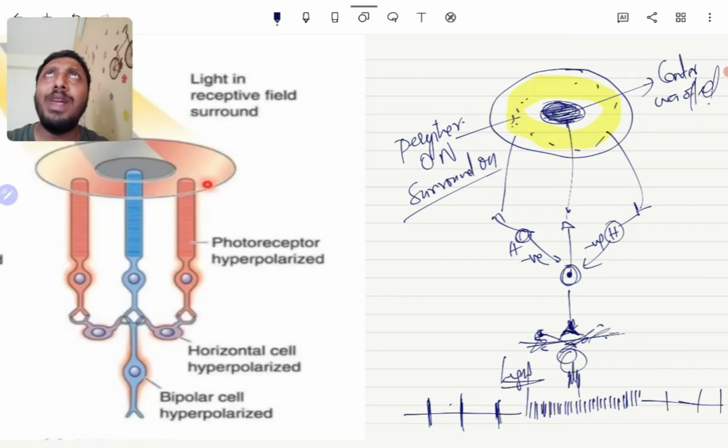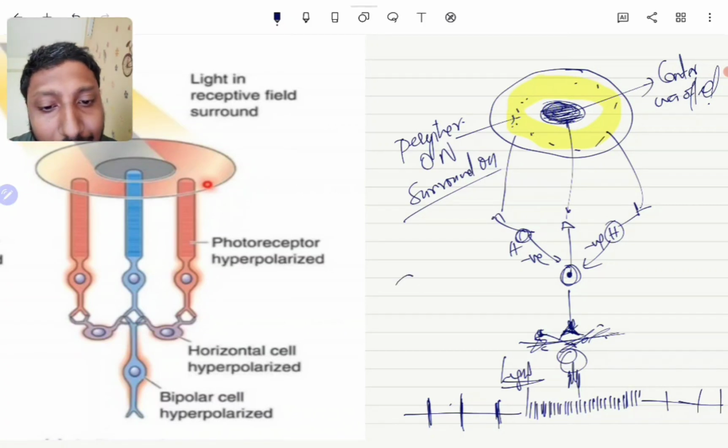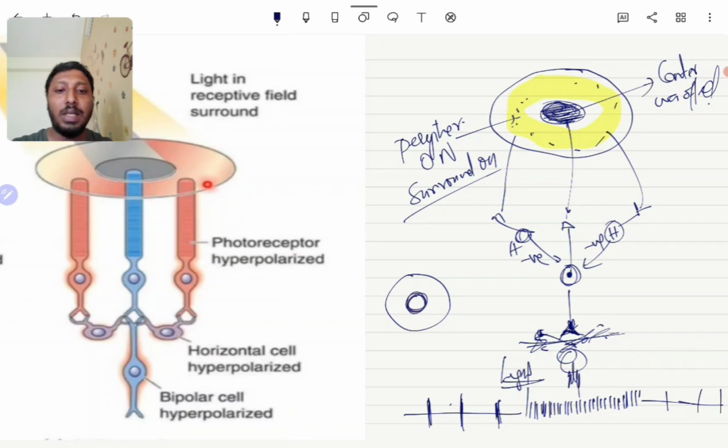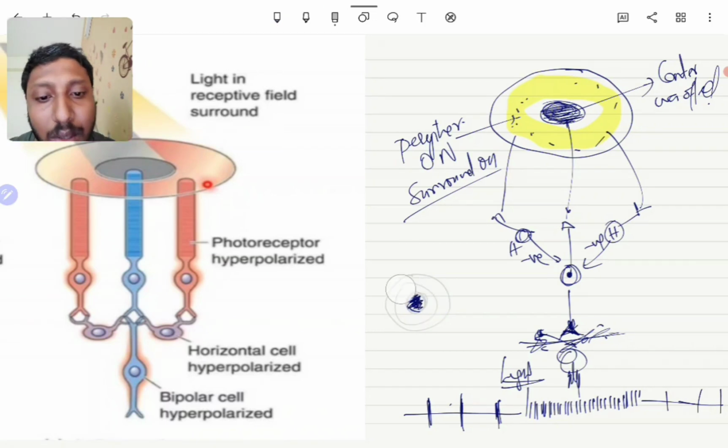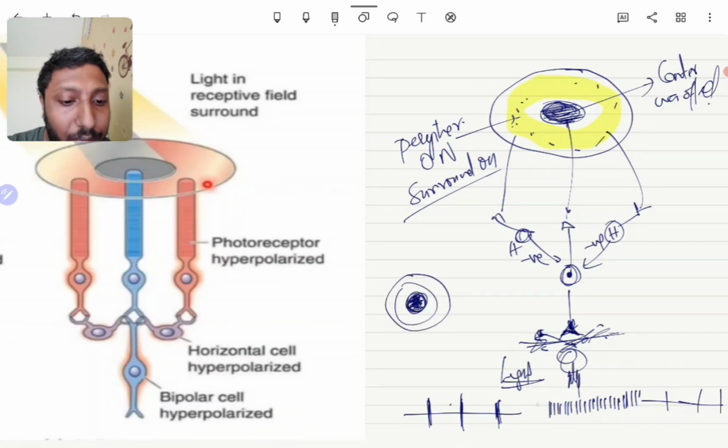You can see the experiments on YouTube, the Hubel and Wiesel experiments. They show an image in which there is a center point, and they make it very dark and the surrounding part very bright. With that you will get very fast firing of the ganglion cells in this layer.